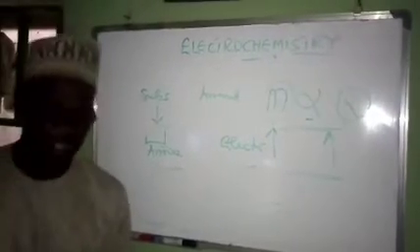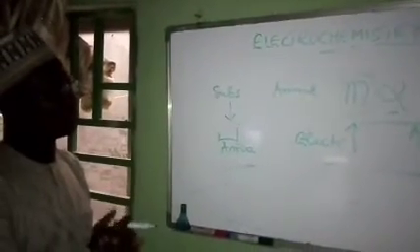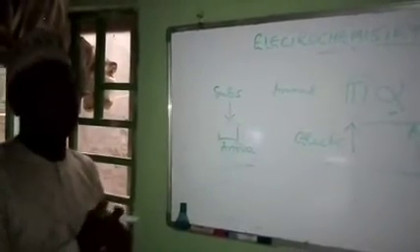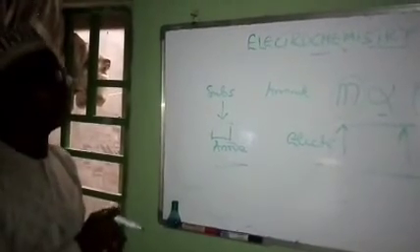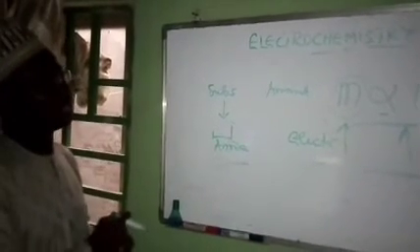In our subsequent lecture, we are going to look at factors that affect discharge at the electrodes, either the type of electrode involved or the position of the ions in what is known as the electrochemical series table.